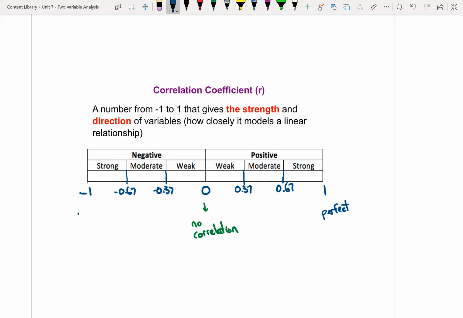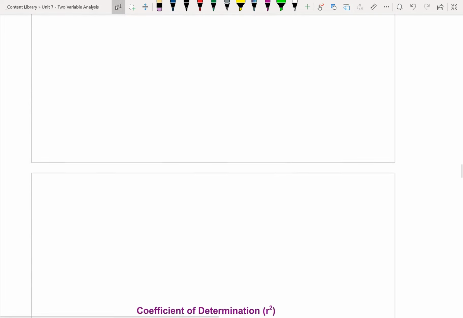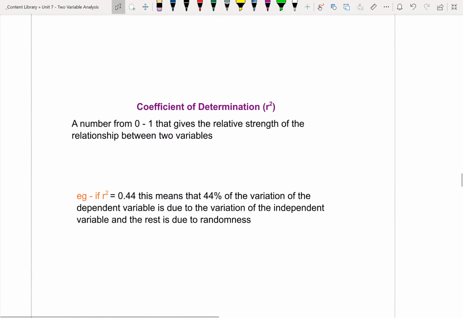And same with -1. It's considered perfect. It would just be a negative relationship instead of positive. So again, you would be given the R value. You just have to understand what it represents, or use that R value to come up with a conclusion based on your data or your scatter plot.